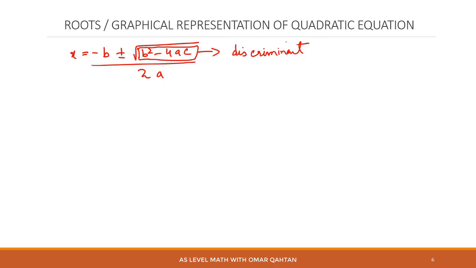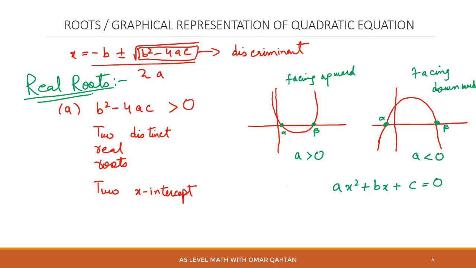This b square minus 4ac is called the discriminant, and it decides if our equation will give us real roots, equal roots, or no real roots. So let's draw some graphs of real roots and no real roots, and see what those conditions are. Alright, first we are going to discuss the real roots.